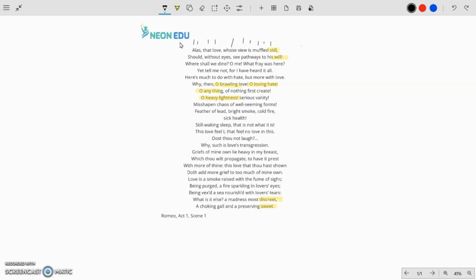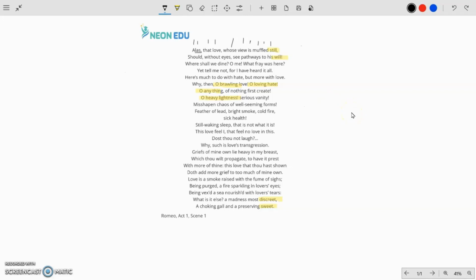Love is not clear. It is muffled. It is not being felt by somebody here. The indication of the word alas being one of anguish. So as you can see, this monologue is about unrequited love.